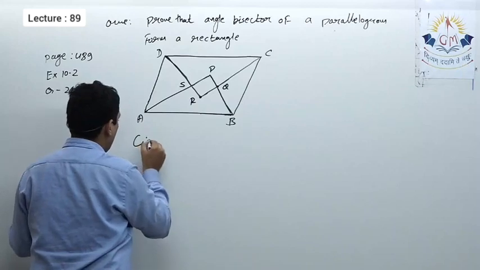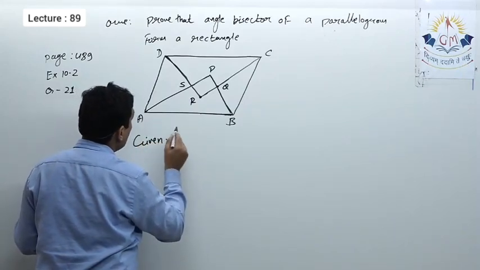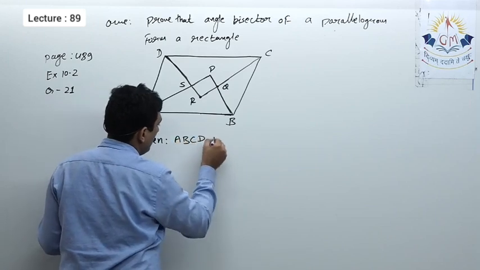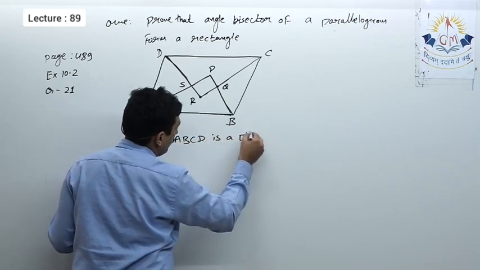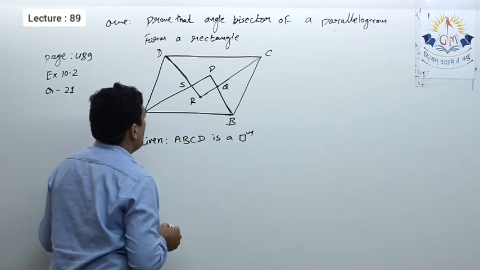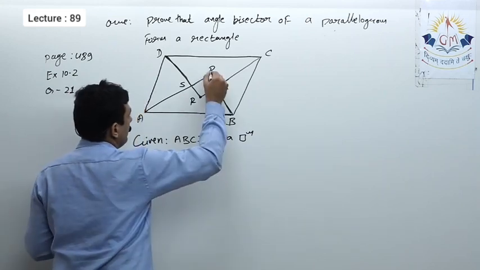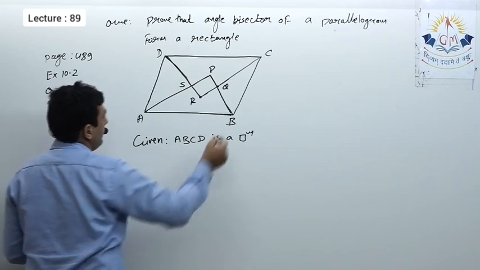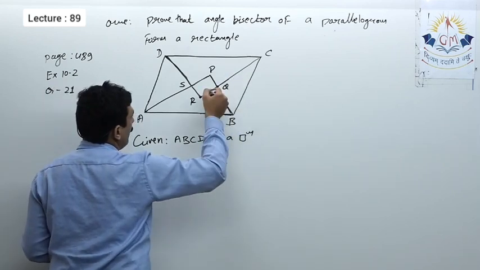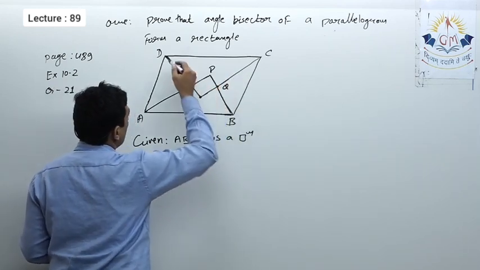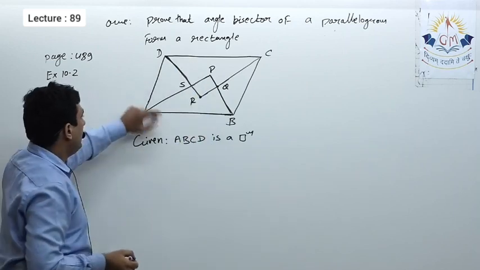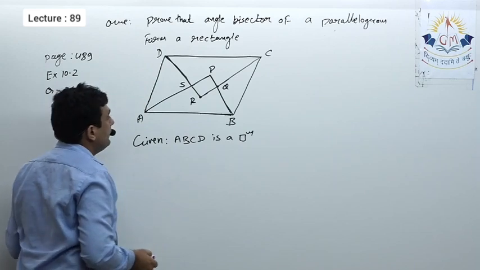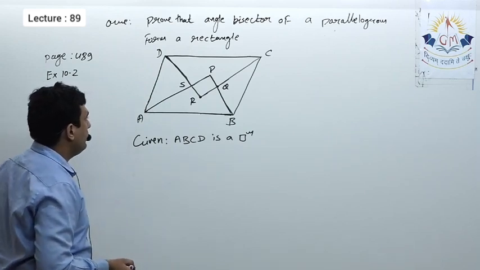So what we have given: ABCD is a parallelogram. AP bisects angle A, BP bisects angle B, CR bisects angle C, and DR bisects angle D, and hence we get a quadrilateral PQRS.